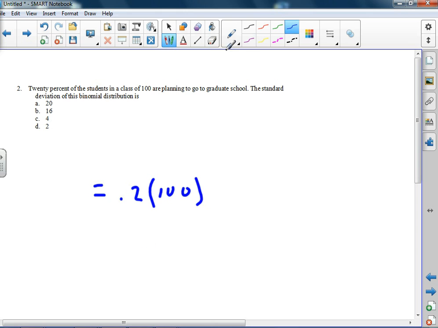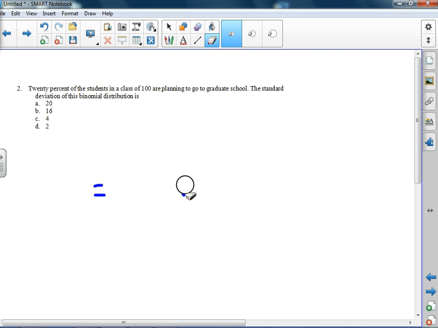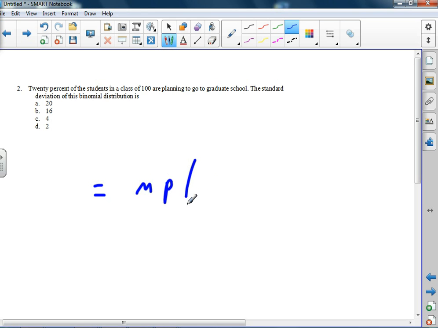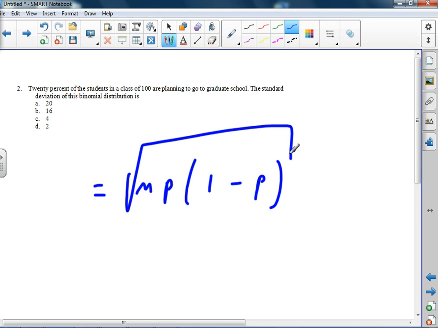Okay, so I found on page 214, N P 1 minus P, square root. All right, so the number in the class is 100.